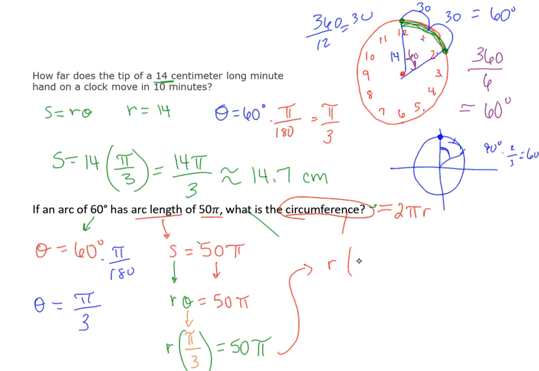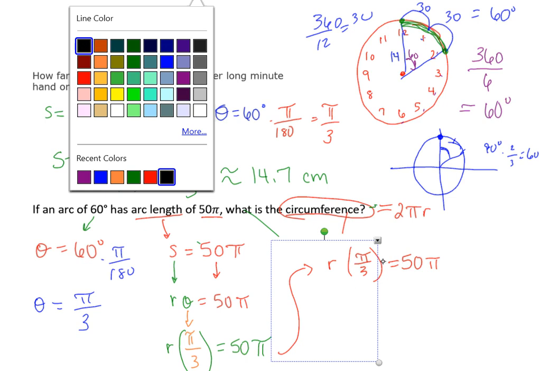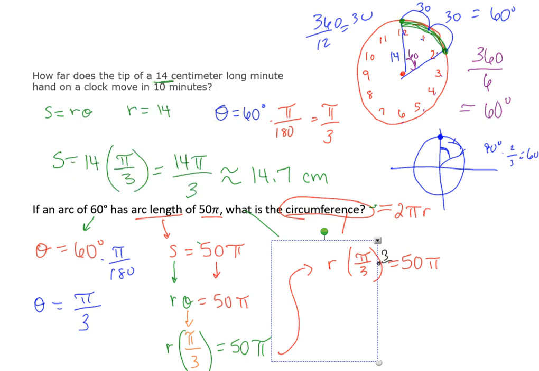So right now it looks like this. R times pi over 3 equals 50 pi. Now to get rid of a fraction next to a number, you multiply by its reciprocal. So I'm actually going to multiply by 3 over pi times 3 over pi. Those will cancel, and I get that r equals 3 times 50, which is 150.